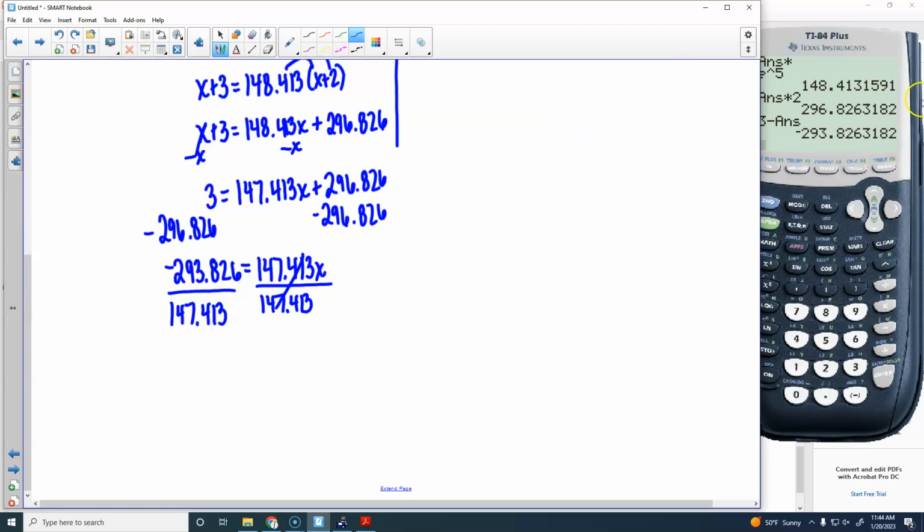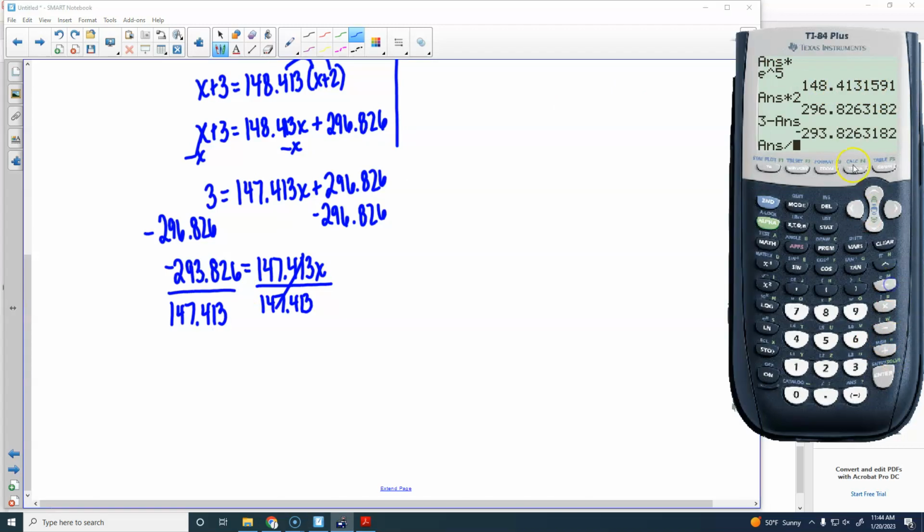I probably should have stored this value so I could have the exact decimal, but I'm just going to divide by 147 point, and I'm going to use as much as I can see of that decimal, 413.1591. Or you can just not be lazy and write the whole number out as you do the problem.